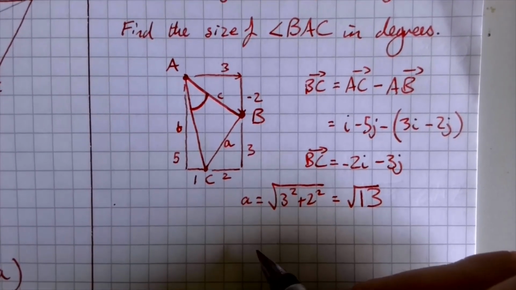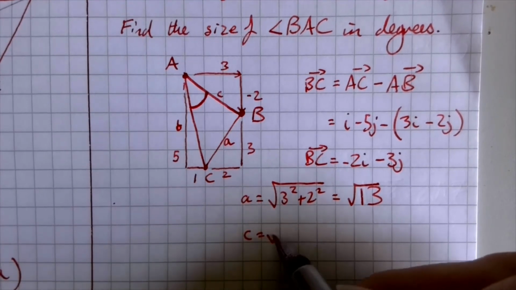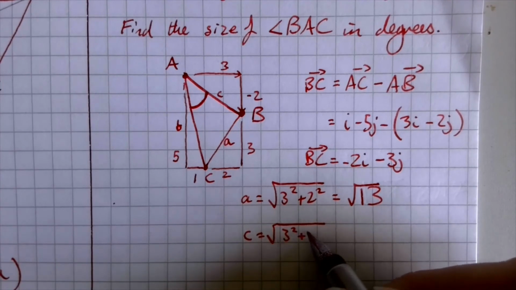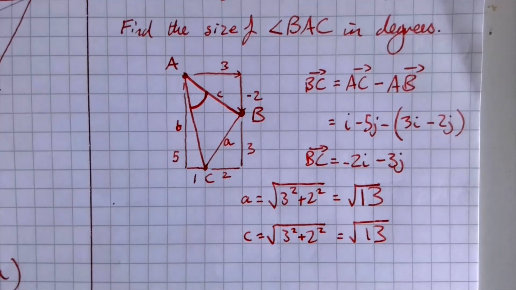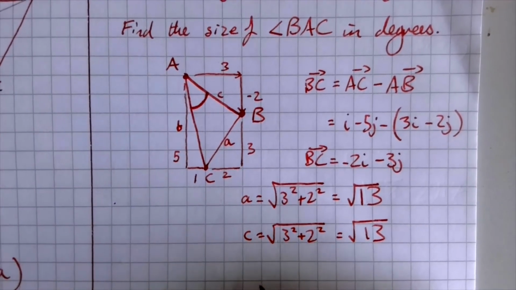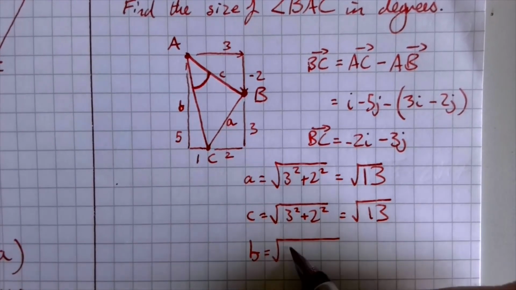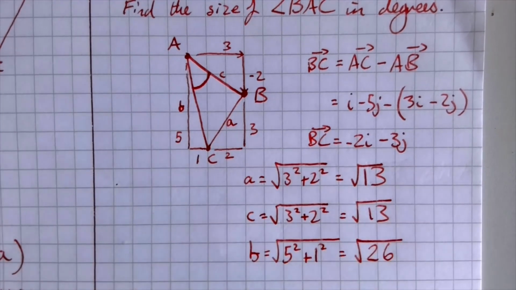Then we'll do c next, because c looks just the same. It's also 3 along and 2 down, so that's 3 squared plus 2 squared is root 13. So we've got a nice isosceles triangle on our hands, folks. And the last one, b, is going to be 5 squared is 25 plus 1 squared is 1, so 25 plus 1 is 26, root 26.